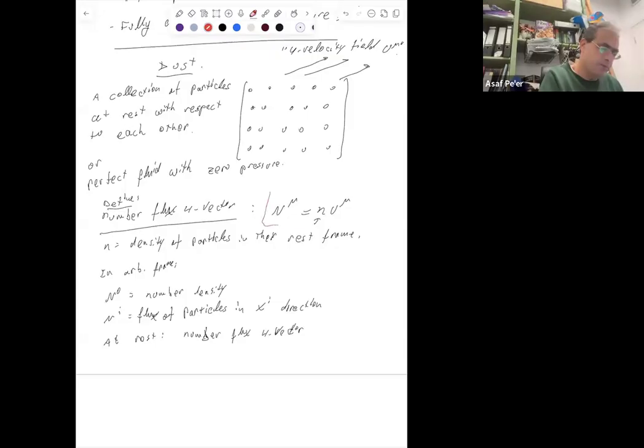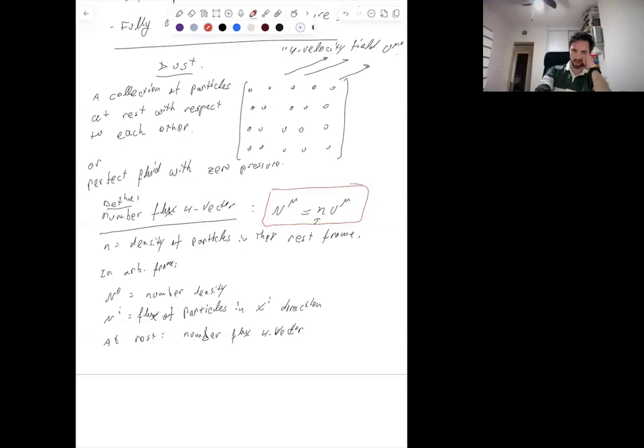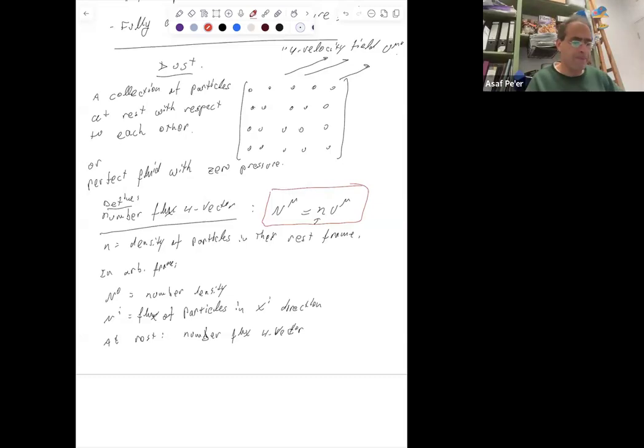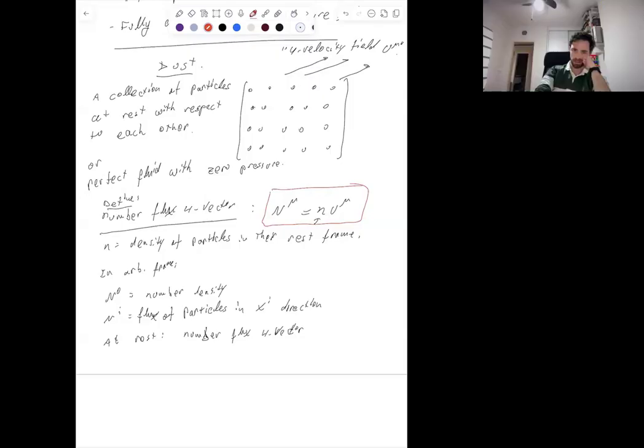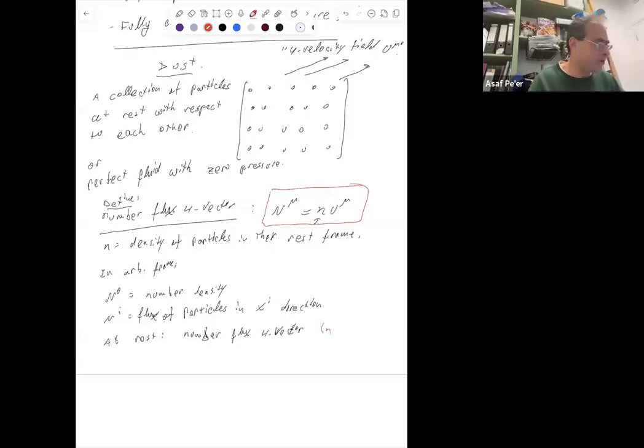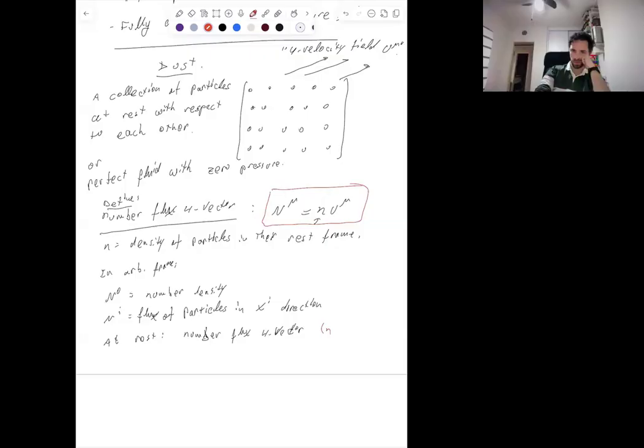I just defined it here. 0? No. What's the zeroth component of the number flux? The number of the particles. Right. And the x, y and z components? 0, 0, 0, no? Right.